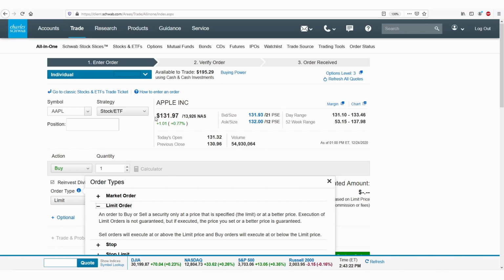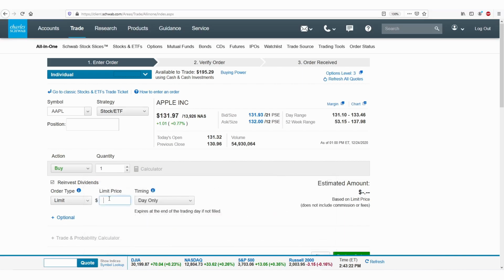But let's say you don't want to purchase it at $131.97 and you want to purchase it at $125. So you enter in $125, the limit price, and you place that order. What will happen is that once that stock reaches $125 in the day, then your order will be executed and you'll buy a share of Apple at $125.